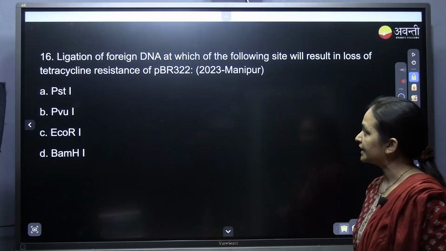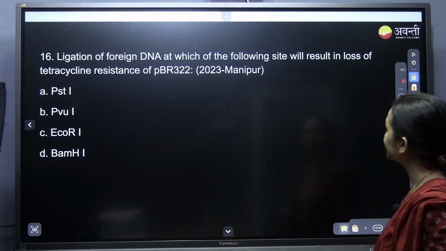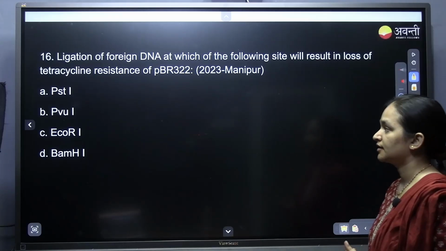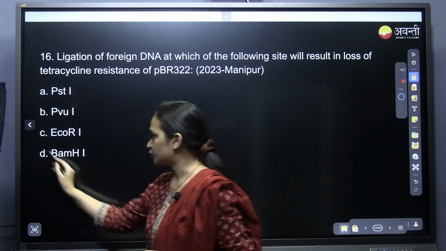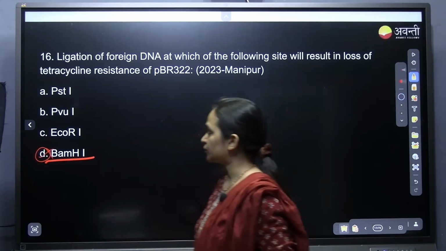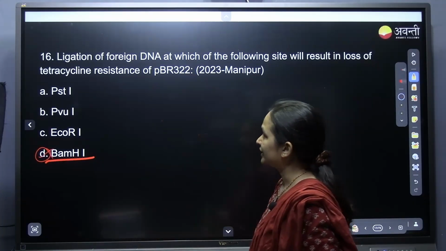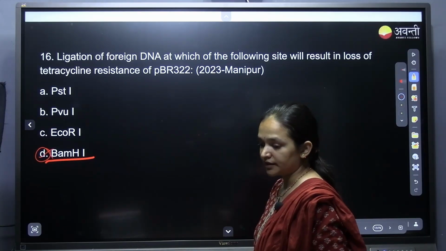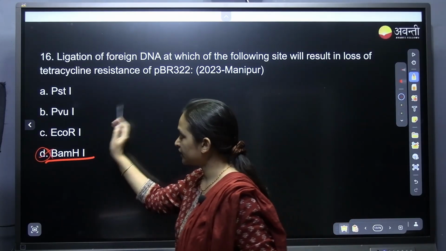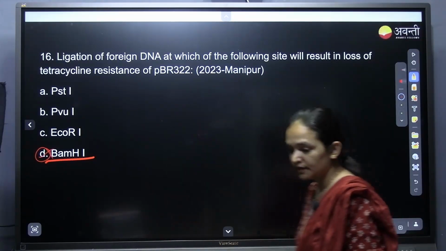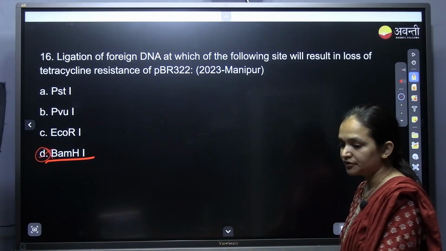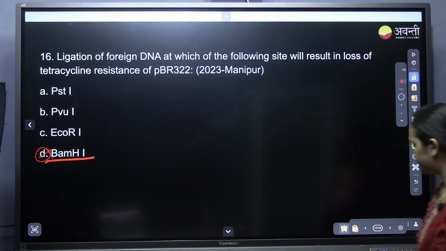Ligation of foreign DNA at which of the following sites will result in loss of tetracycline resistance of pBR322? BamHI. This is a restriction site which is present in the tetracycline resistance site, isn't it? EcoRI is outside, PvuI and PstI are in the ampicillin resistance site.